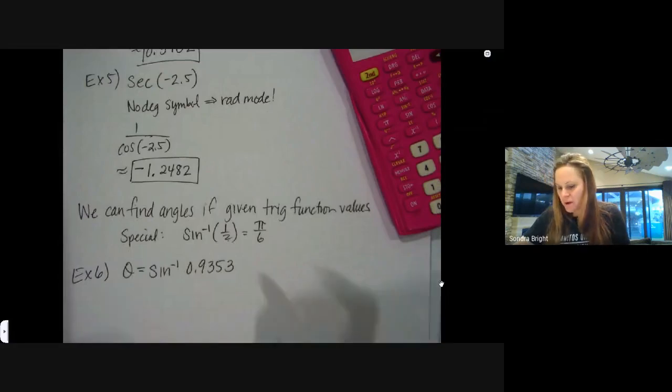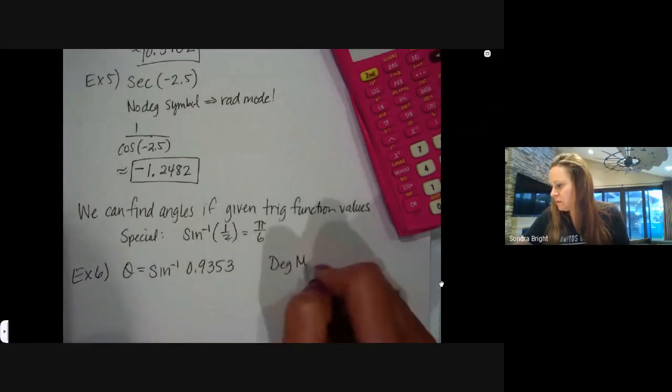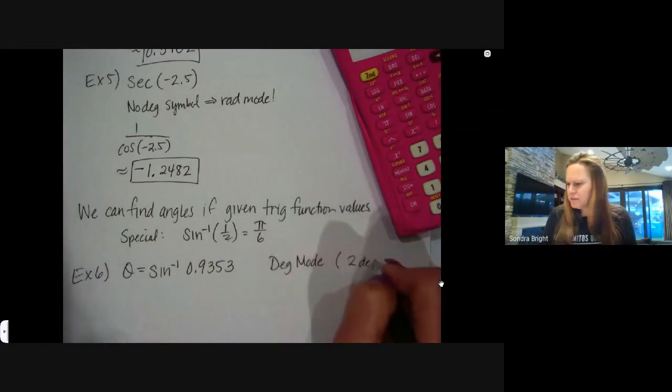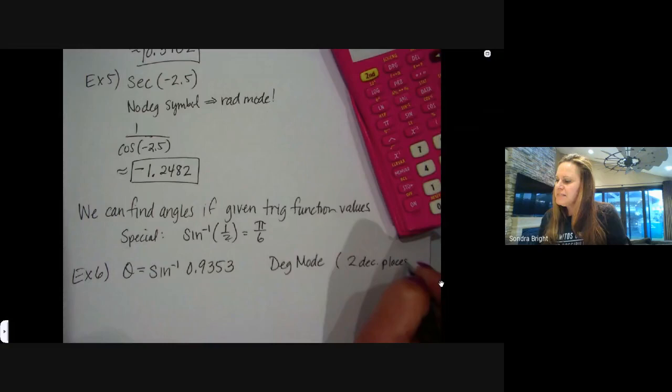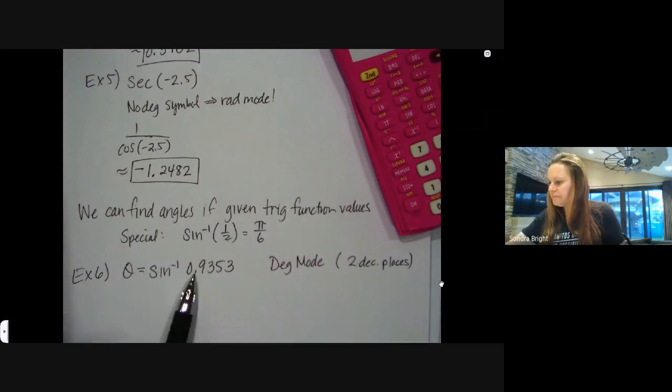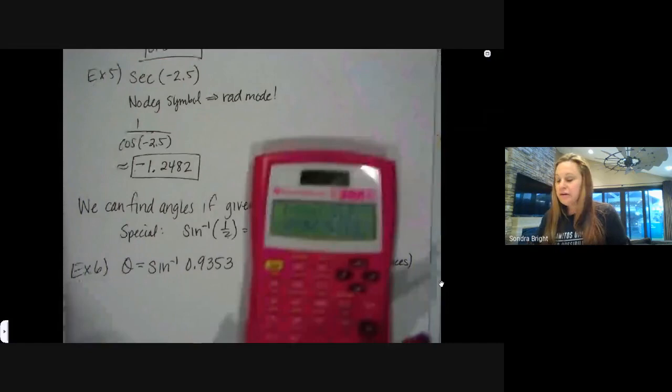And when it's in degree mode, we're going to go to 2 decimal places. Because now our answers are angles, right? So this is saying sine of what angle is equal to 0.9353. Okay, so I'm going to put that in my calculator.